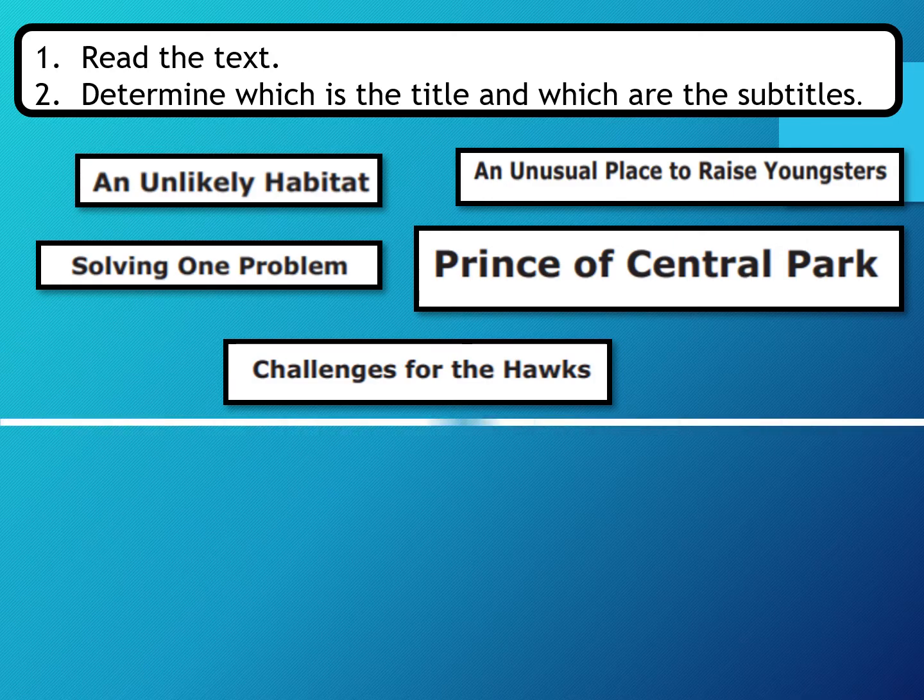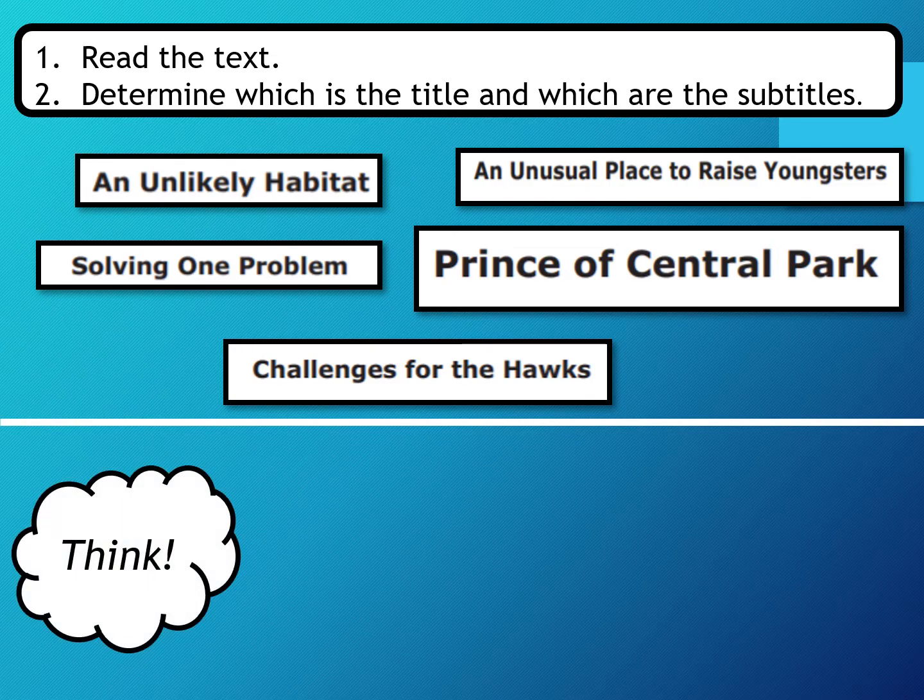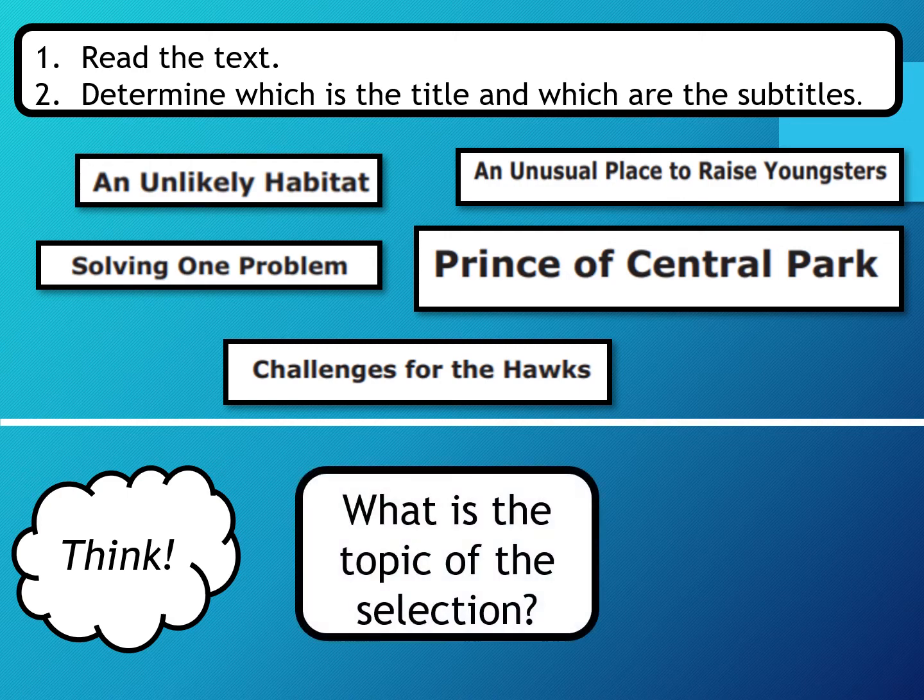Next, I want you to think. Based on the title and subtitles, what do you think the selection will be about? What do you think is the topic of the selection? Pause the webinar at this time and jot down a few ideas.